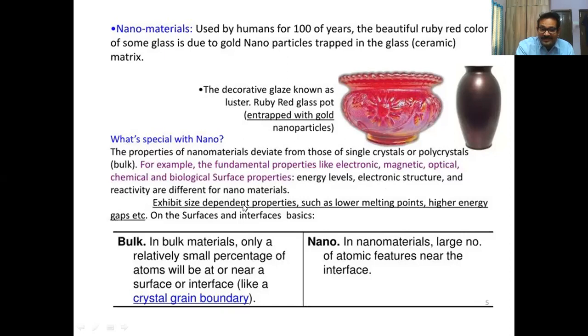They exhibit size dependent properties such as low melting points, higher energy gaps, etc. Surface and interface bases: in bulk metals, only a relatively small percentage of atoms are at or near a surface or interface. Normally few atoms are there on the surface, but when you go to nano, then more atoms will go to the surface.